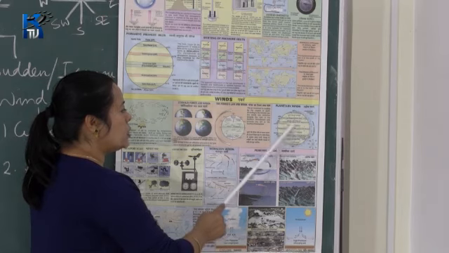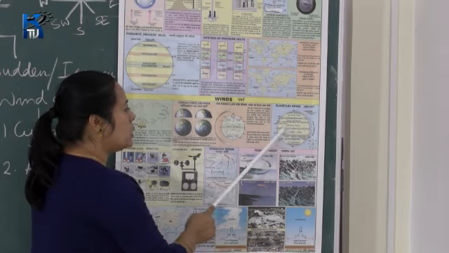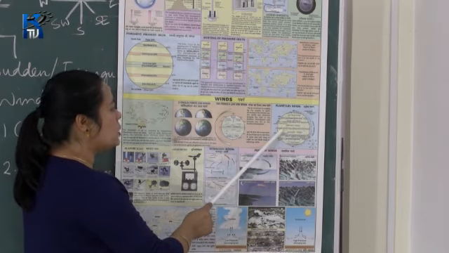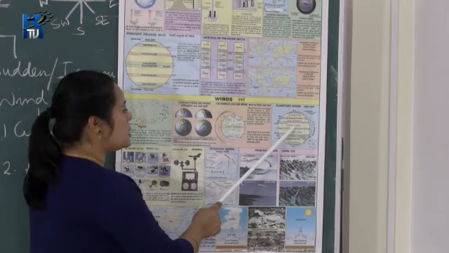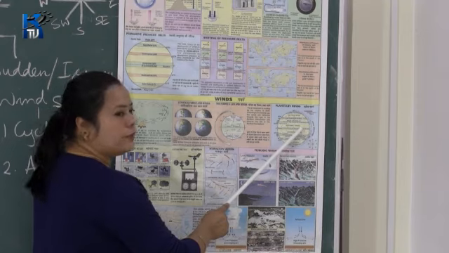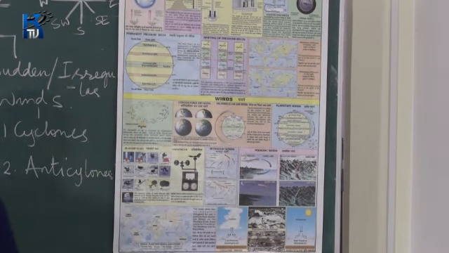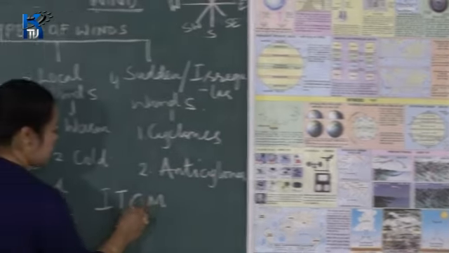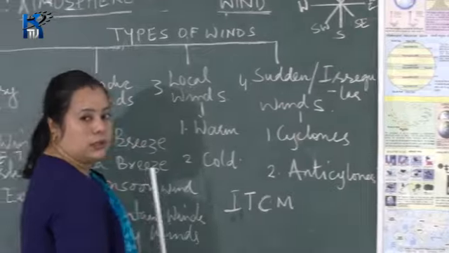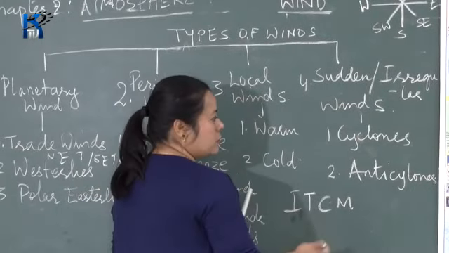These 2 winds, northeast trade and southeast trade, converge in this zone. So this area is known as ITCZ, Intertropical Convergence Zone. That is also very important in our Madhyamik examination, in objectives or in abbreviation full form.